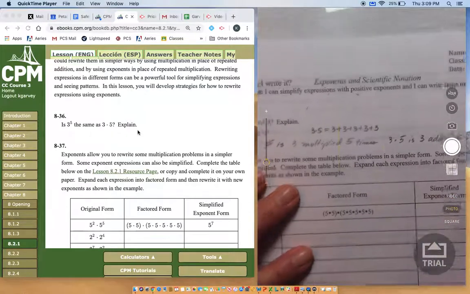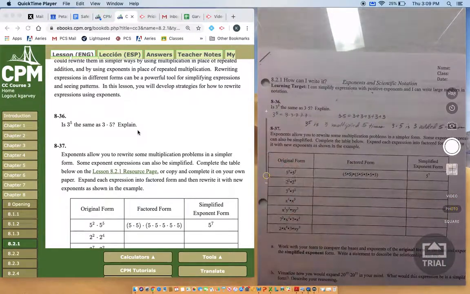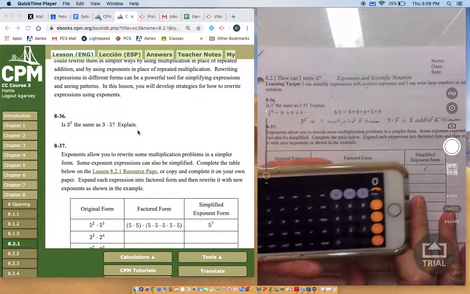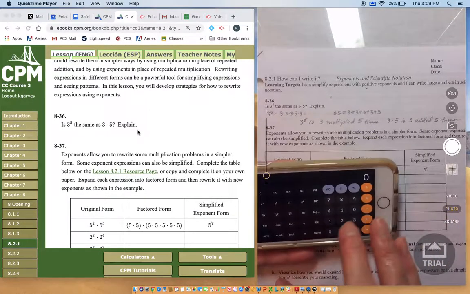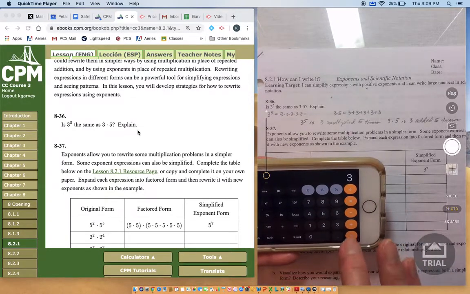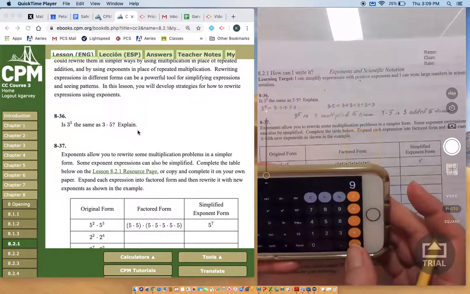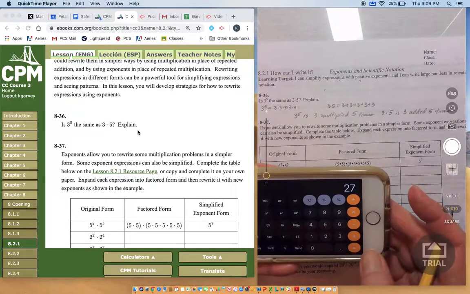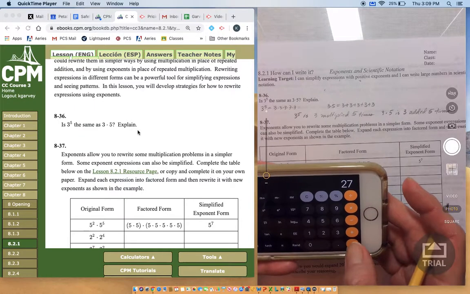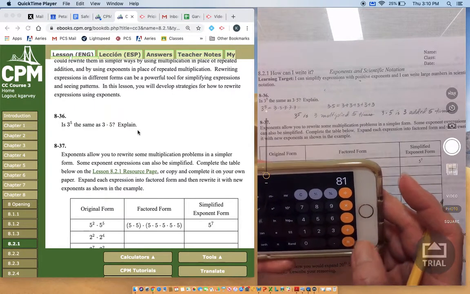And that makes a big difference, because if we figured out what these are on the calculator, 3 times 3 is 9. If we multiply it one more time by itself, that's 27. If we do one more time, that would be 4 times, it's 81.